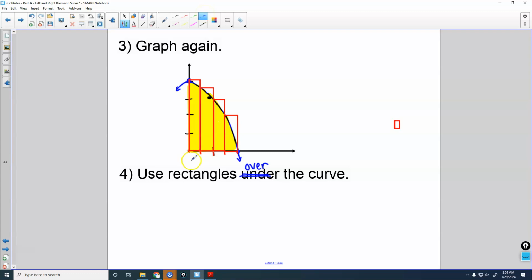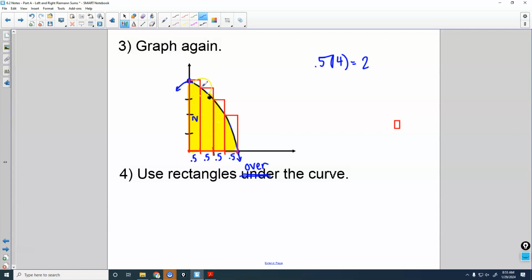So once again, 0.5 is the width of each one of these rectangles, right? What is the height of the first rectangle? It is 4. So we're going to have 0.5 times 4. And that will give us 2. So the area of that first rectangle is 2. What's the height of the second rectangle?